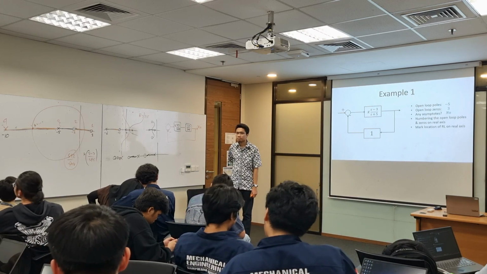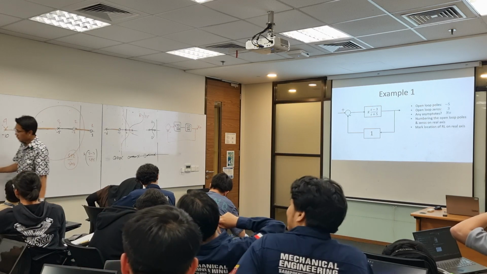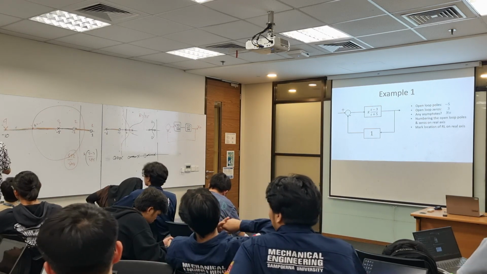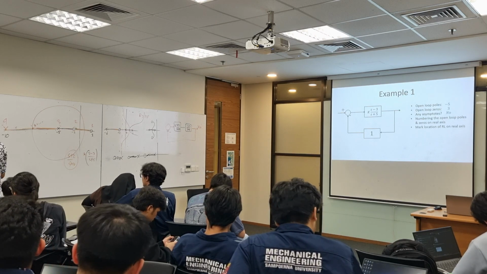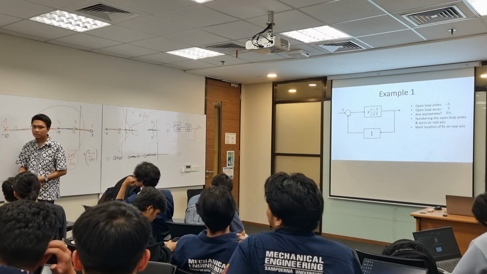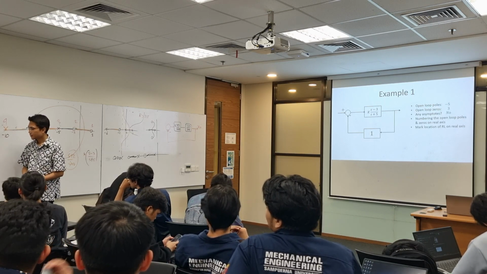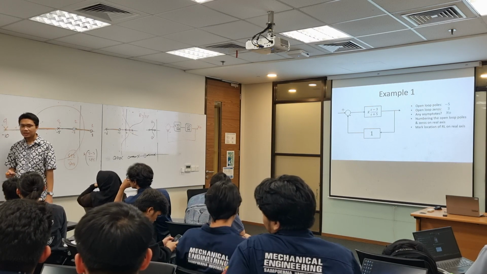So what's the difference if I have it like this? This is 3, minus 5. What happened? Where's the root locus? The same location, here.